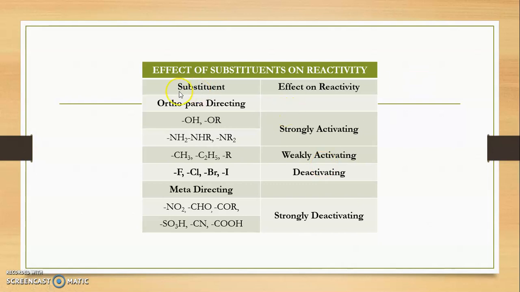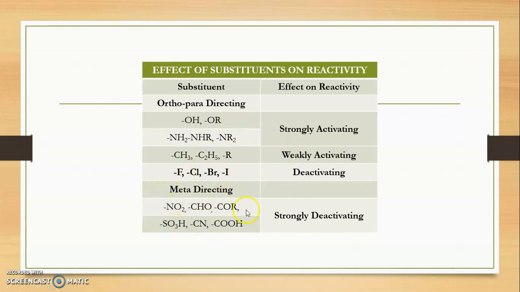Out of all ortho-para directing groups, the majority are activators of the ring except halogens. Activators increase the speed of the reaction, while deactivators decrease the speed of the reaction.